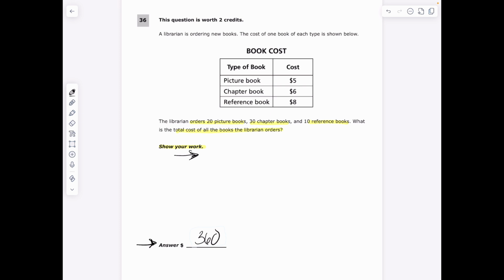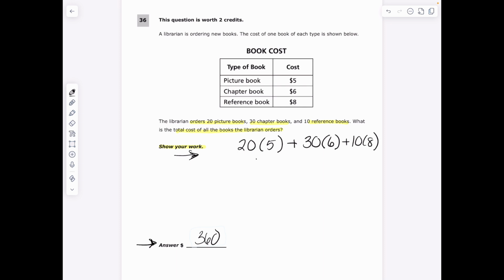Now you have to show how you're going to get that 360. Okay, so I know with the picture books, they are $5. So she orders 20 picture books, so 20 times 5 plus 30 chapter books, so that's 30. And each book is $6. And I have 10 reference books for $8. So this is what I have.